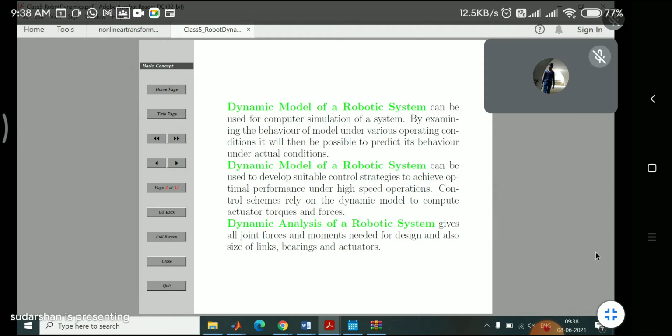Then the second advantage is the dynamic model of the robotic system can be used to develop suitable control strategies to achieve the optimal performance under high-speed operations.